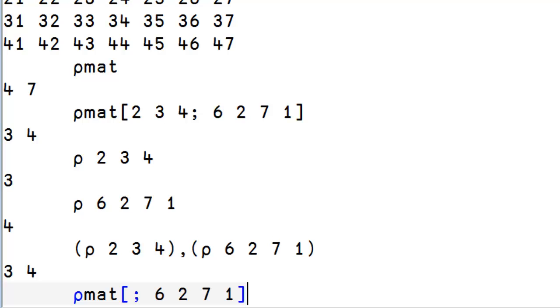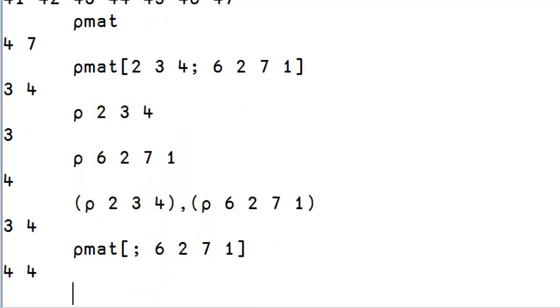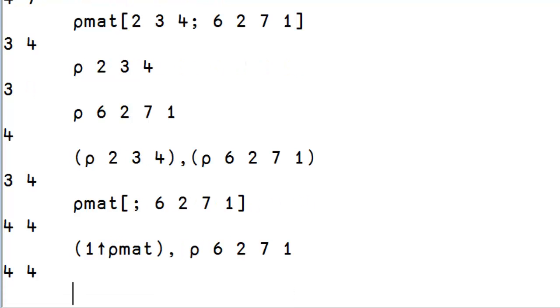Now in this case, since we did not specify the rows, we assume we're going to be using them all. There are 4 rows, so we should get a 4 by 4. And this is viewed this way. The first element of the shape of the matrix is 4.